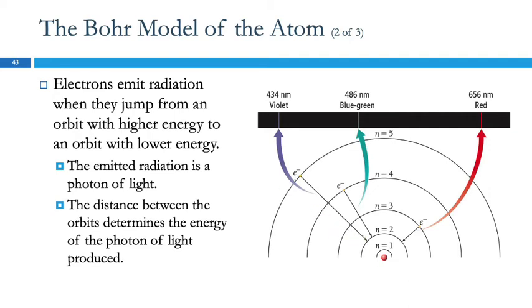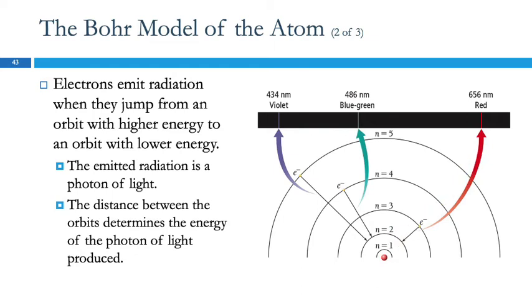And for some of those transitions, it's visible light. We can measure the wavelength and determine the energy difference between the different levels. So what hydrogen is doing with its 3 lines, that violet light corresponds to an electron going from the 5th level to the 2nd level. The blue-green one is from 4 to 2, and the red one is from 3 to 2.